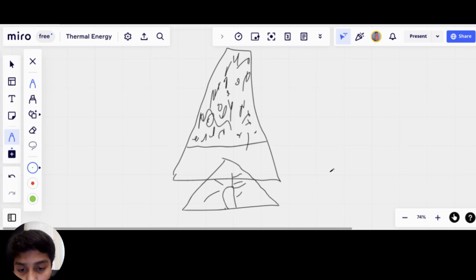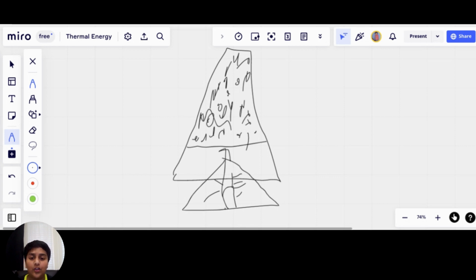From the light bulb to this part is radiation, because it's traveling through waves.